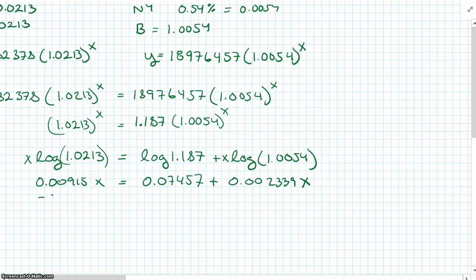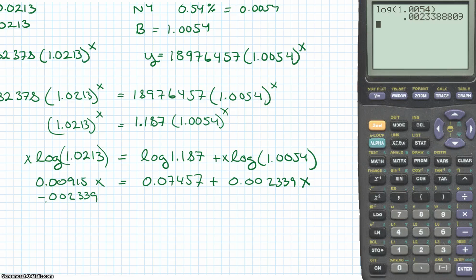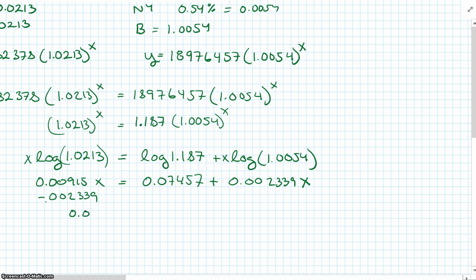So I'm going to subtract 0.002339 from 0.00915, and I get 0.00681. So 0.00681x equals 0.07457.